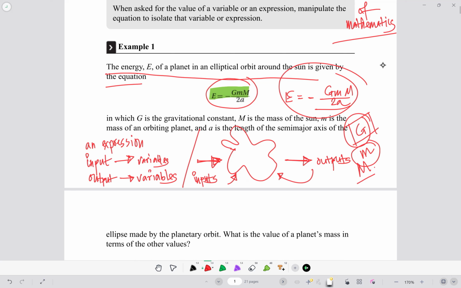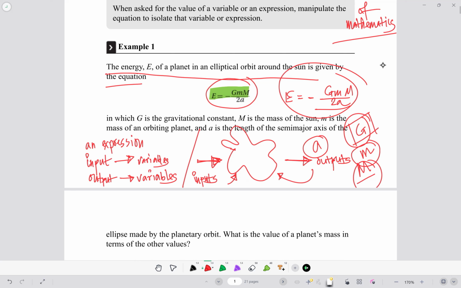A is the length of the semi-major axis, and E is the energy of a planet which is elliptically orbiting around the sun.